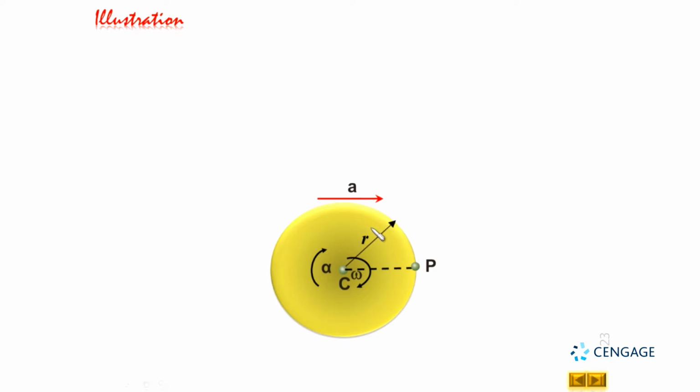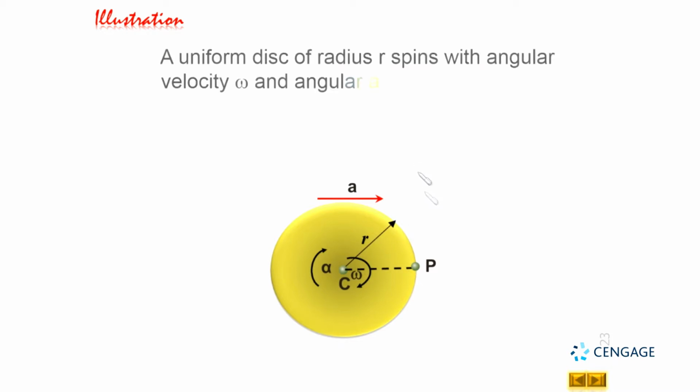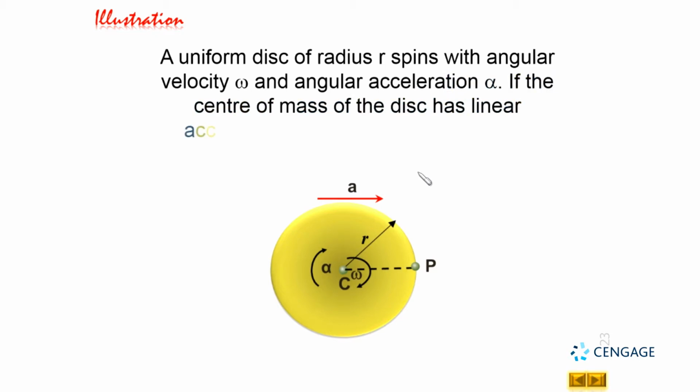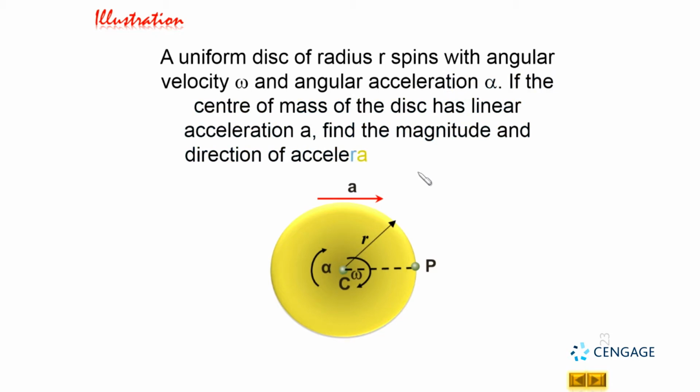It is spinning with the angular velocity omega and it is also having the angular acceleration alpha. And center of mass of the disk is having the linear acceleration A, and we need to find the magnitude and direction of the acceleration of point P. Point P is just in front of C in the horizontal direction, right?